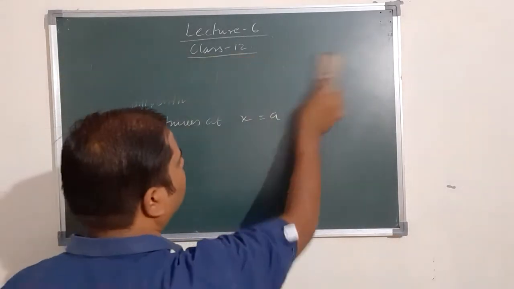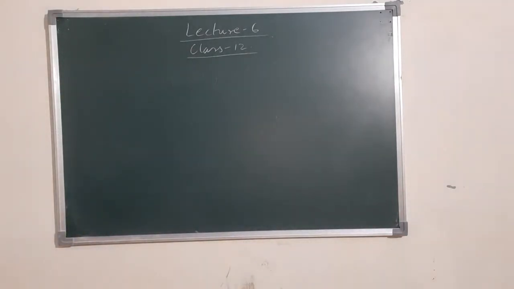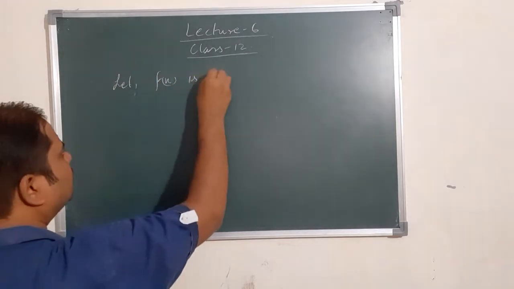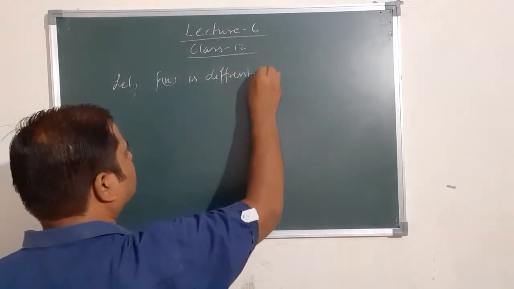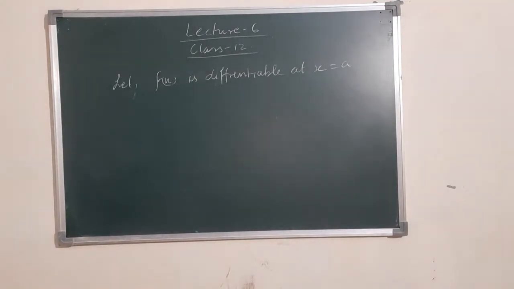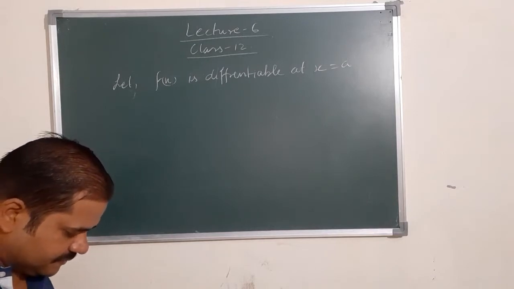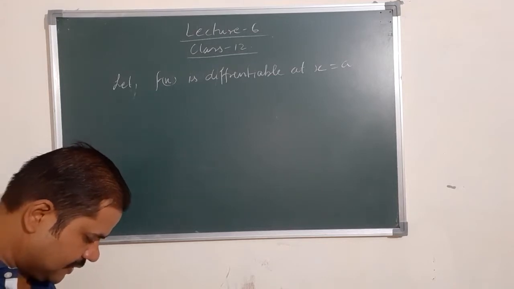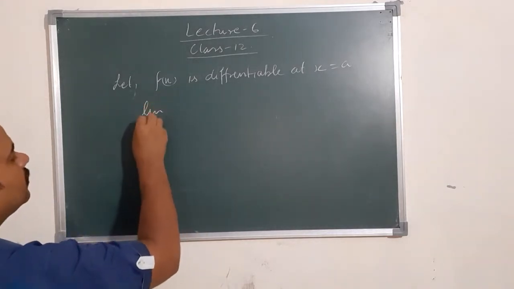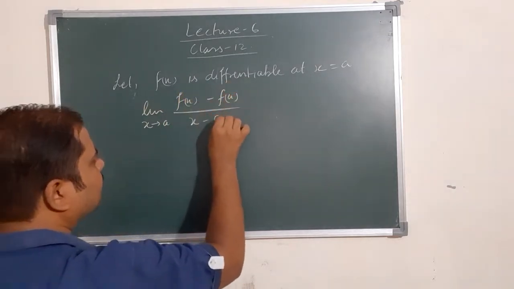So proof of this theorem: let f(x) be differentiable at x is equal to a, then we can write here limit x tends to a, (f(x) minus f(a)) divided by (x minus a).